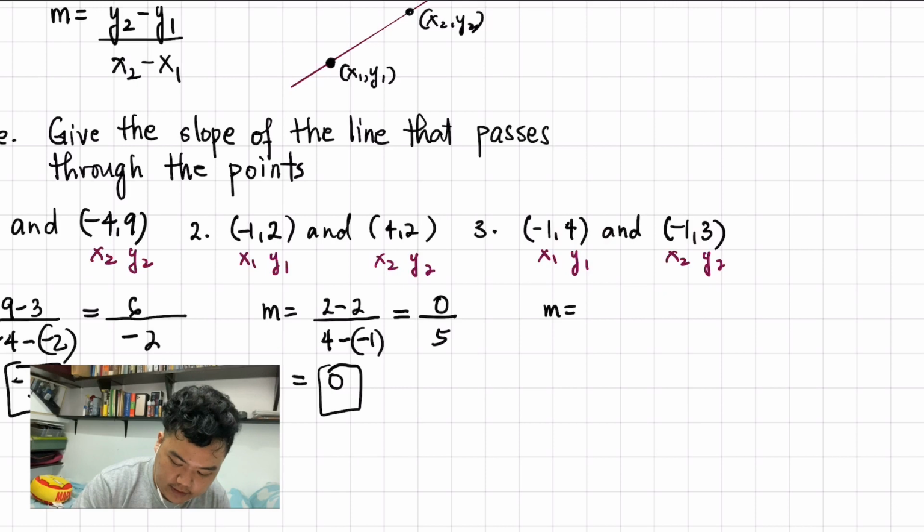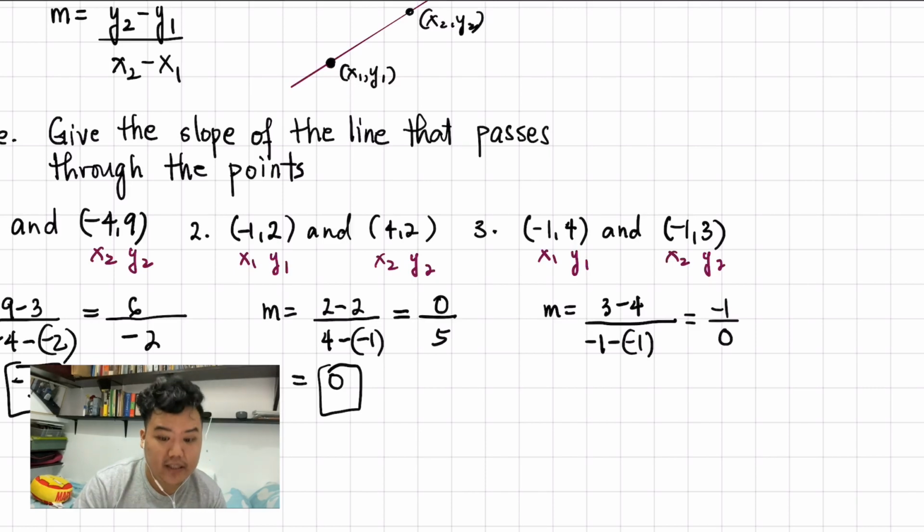We get 3 minus 4 divided by x2 minus x1, so it's negative 1 minus negative 1. And we get negative 1 over 0. You cannot divide a non-zero number by 0. So if this happens, you have a 0 denominator and the numerator is non-zero, you say that the slope is undefined.